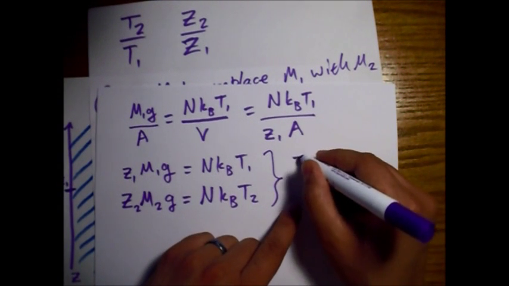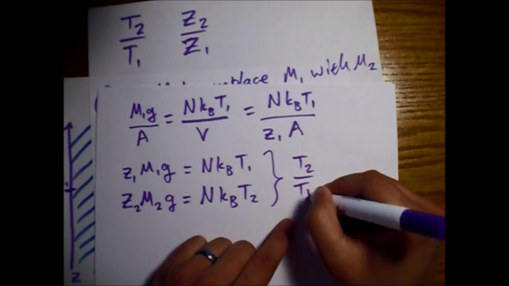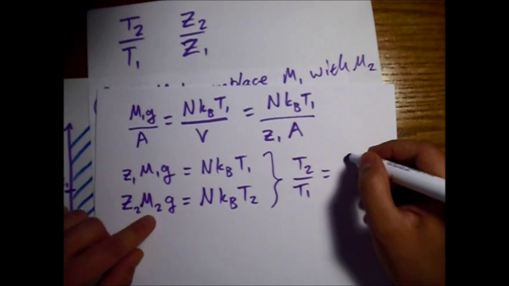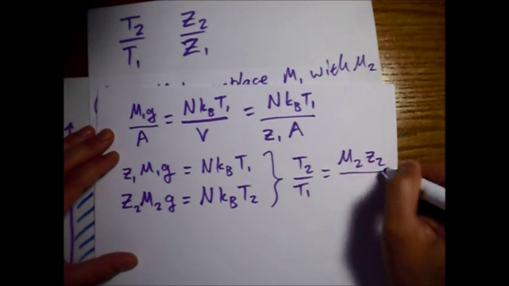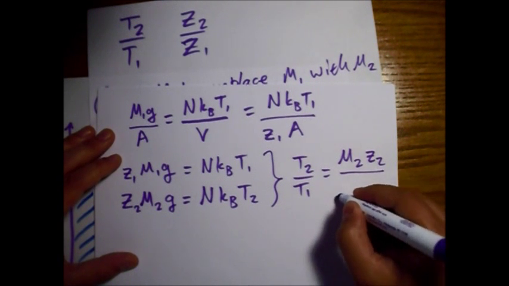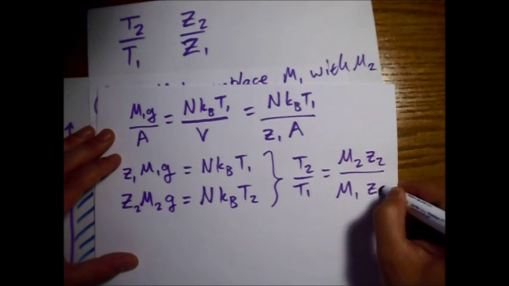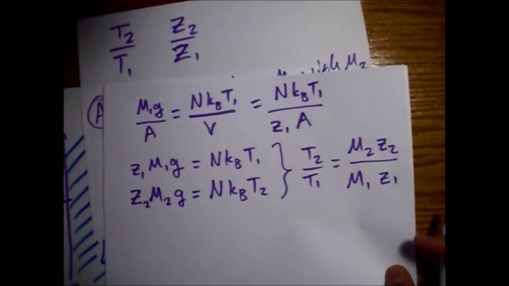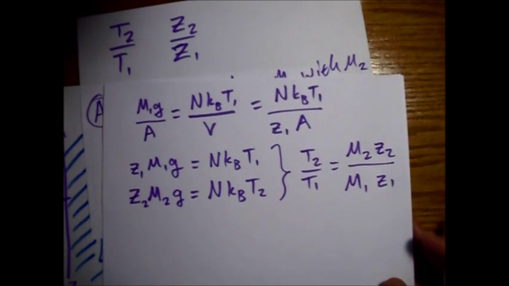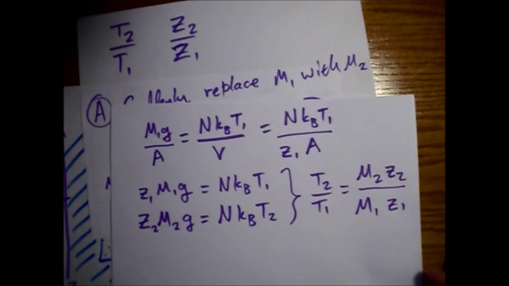So we have T2 over T1 equals, and then flipping this side, M2Z2 over M1Z1.